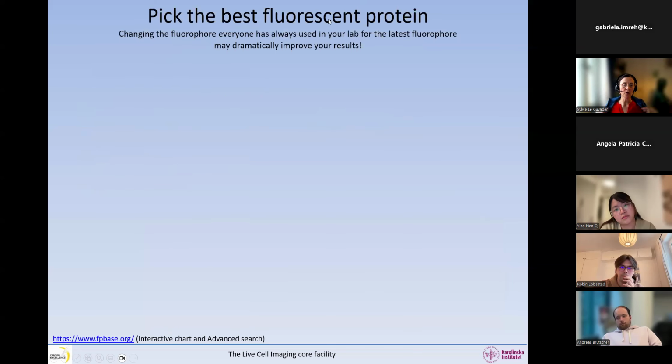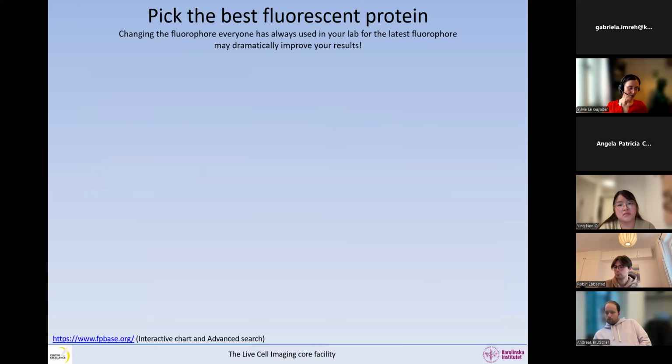So how can you pick the best fluorescent protein for your experiments? I told you yesterday that when you go to a lab, you inherit lots of things, the whole history and all the good stuff and also all the bad stuff, unfortunately.